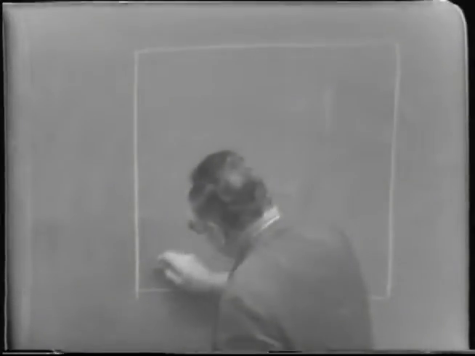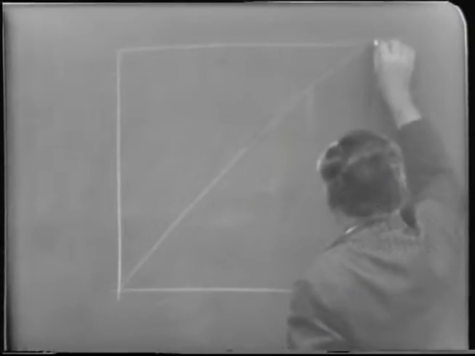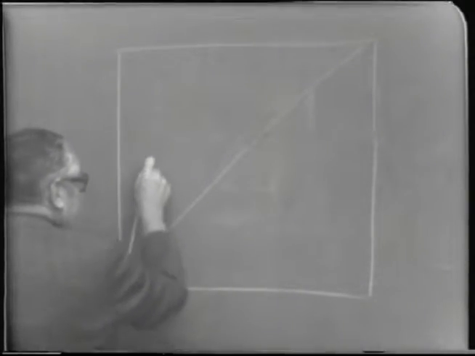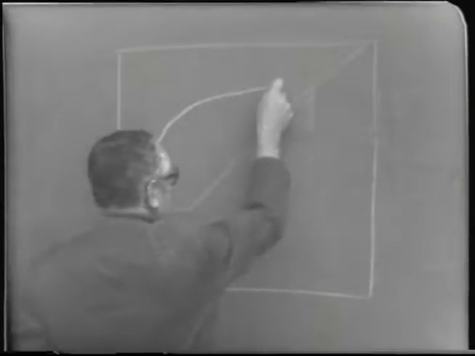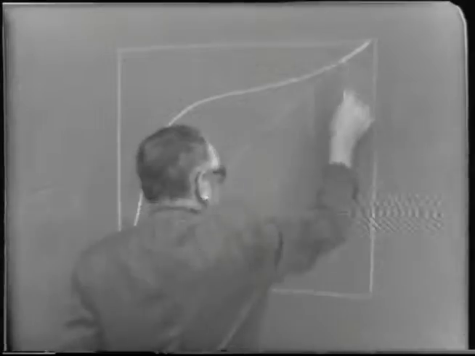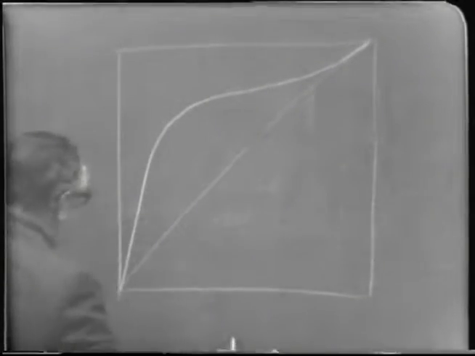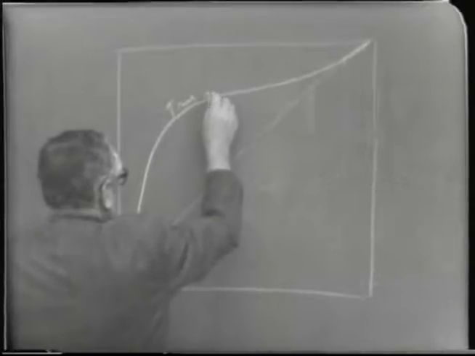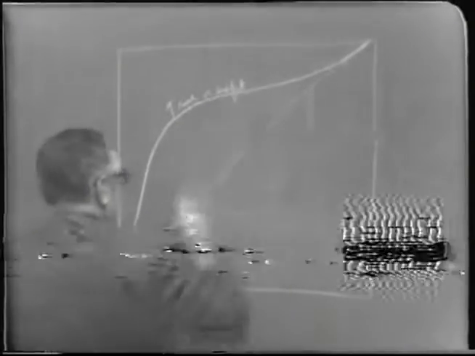if we have the true vapor-liquid equilibrium curve for ethyl alcohol and water, it looks something like this. We have the azeotrope here, whereas this would be the true or experimental values.